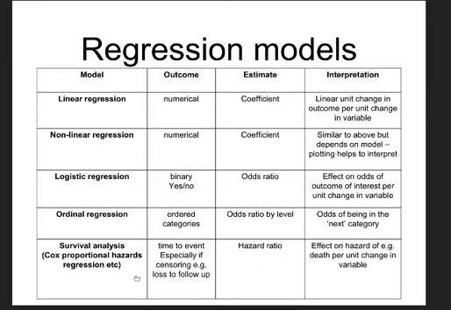And then the final one, which is also complicated, is survival analysis, which is rather than just something happening or not, or something being a number, we've actually got the time to something happening. So how long patients lived before they died once diagnosed. This particularly matters when we've not got complete follow-up.